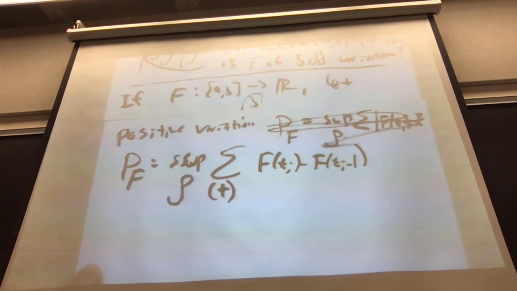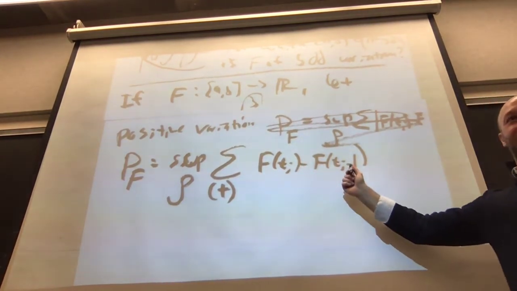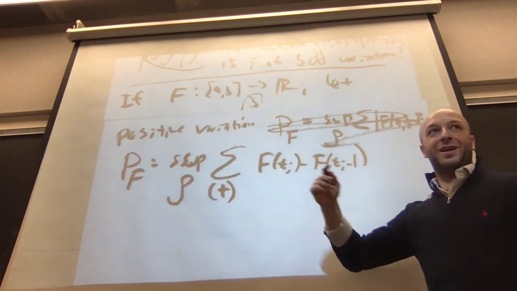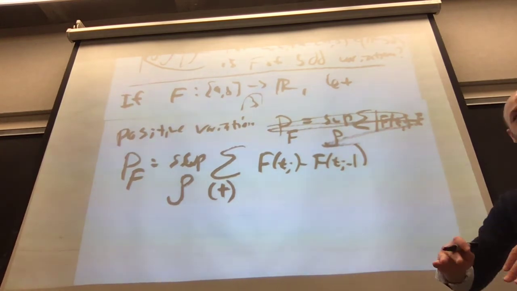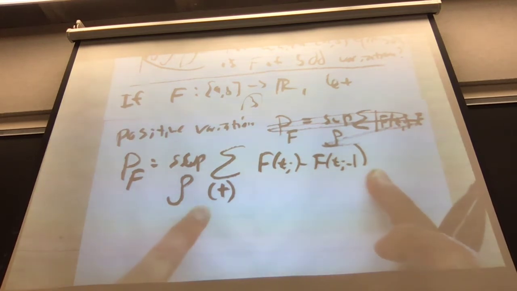Only over those intervals on which I don't need absolute values and this is positive. In other words, the max of this and 0. So if from tj minus 1 to tj the function went down, don't add anything. Okay, so this is the positive variation.